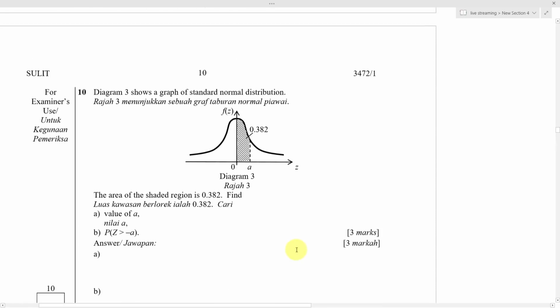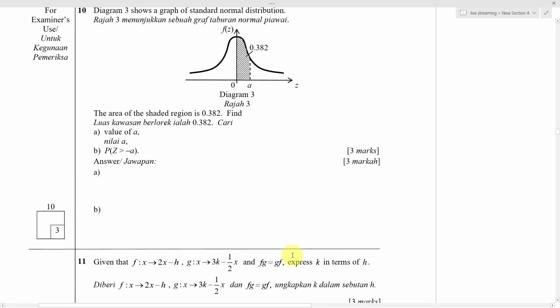So okay, probability distribution. So this one actually is not too bad. First thing you want to find the A over here. This one at the middle, right? So we can get over here, because the half of the area will be 0.5, right? So this one you just use the 0.5 minus 0.382.